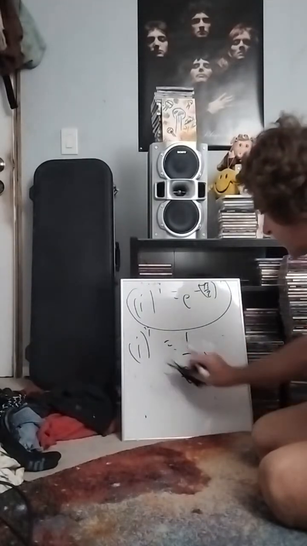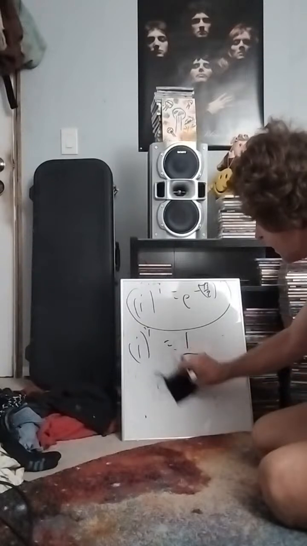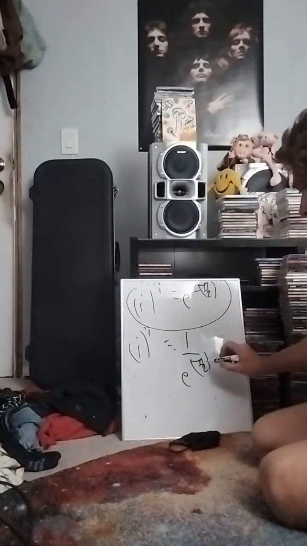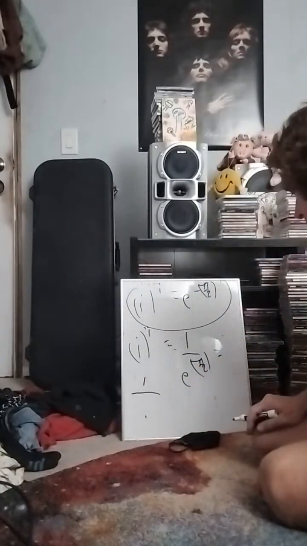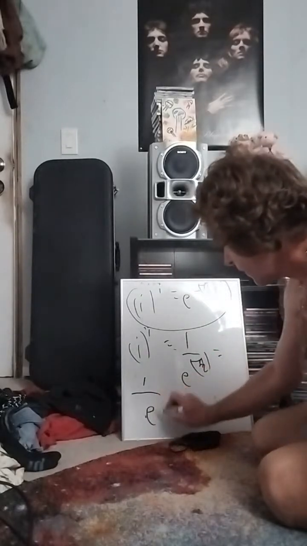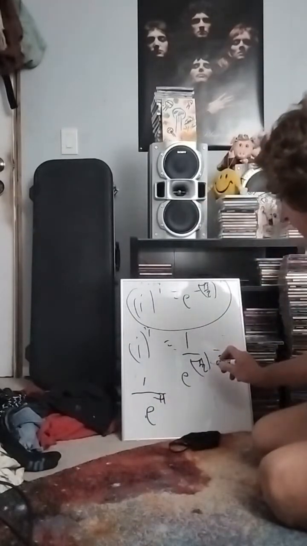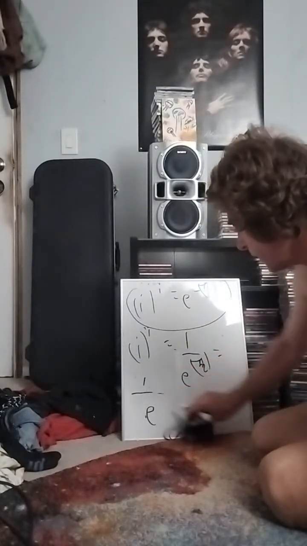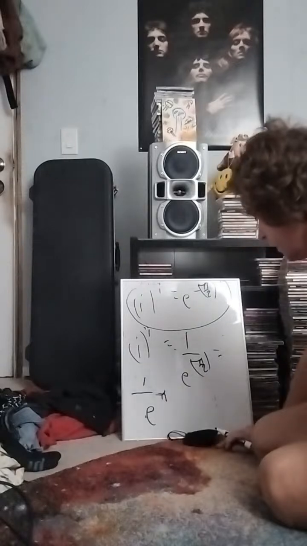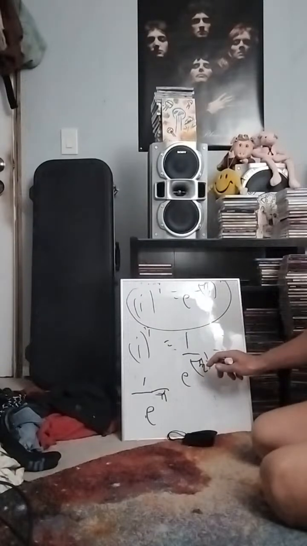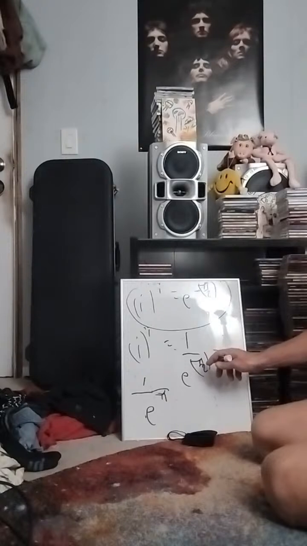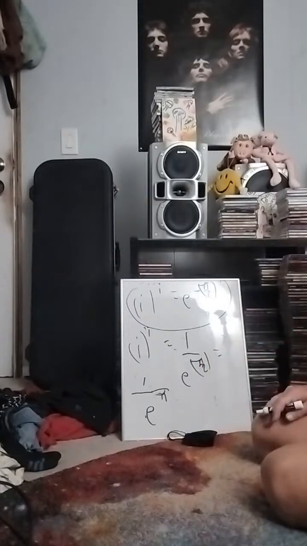But since it's power over root, the power is e to the pi and the root is 2, the second root, which is also called the square root.